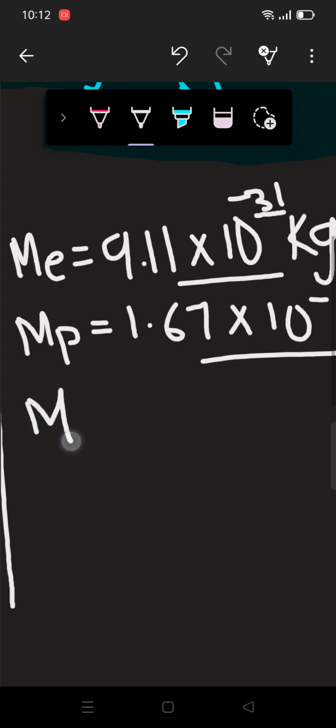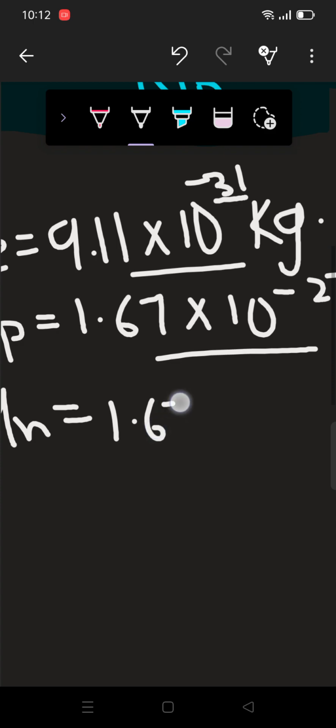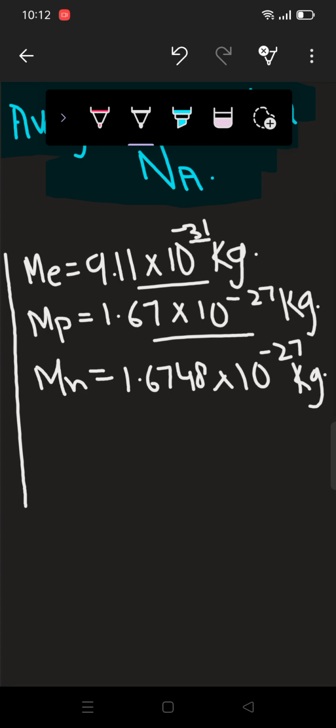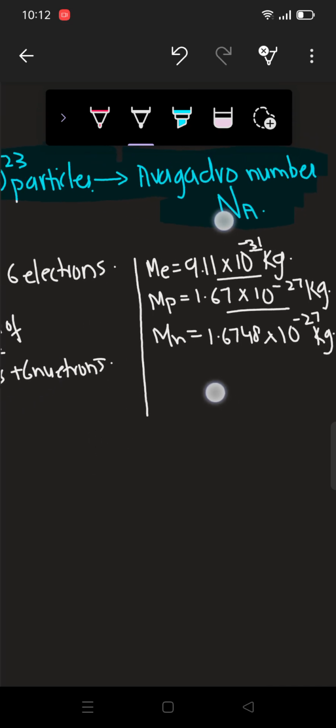And then the mass of neutron is 1.6748 or so into 10 to the power minus 27 kg. The mass of neutron is slightly greater than the mass of proton, but we consider them the same, 1.67 into 10 to the power minus 27 kg.